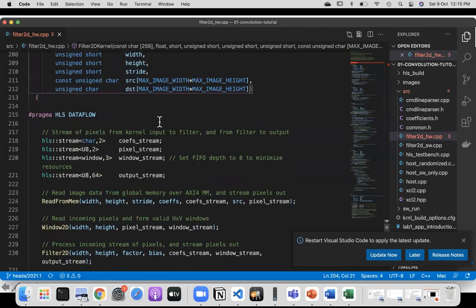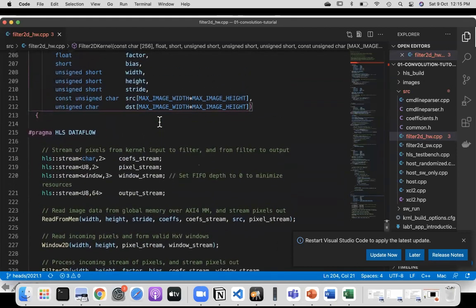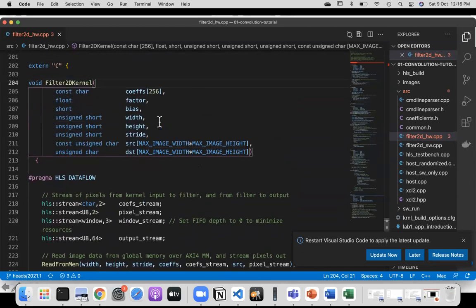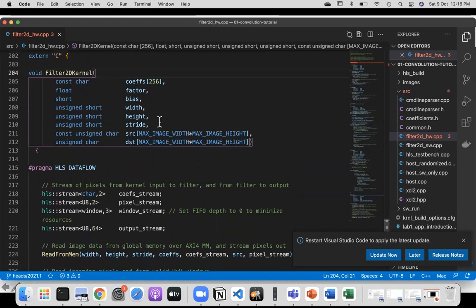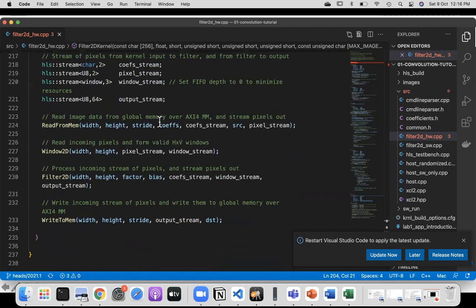So in this code example, this filter 2D kernel is the core function which gets synthesized into hardware. And as you can see, this contains 4 stages of computation.